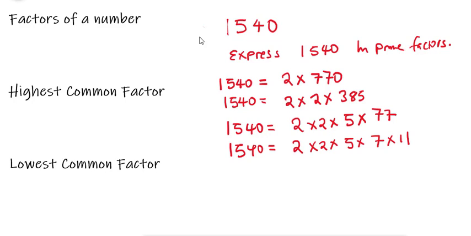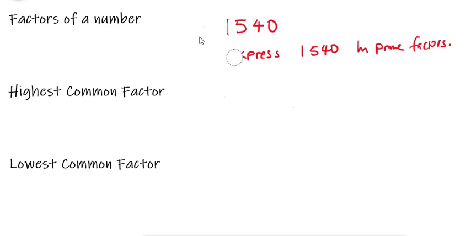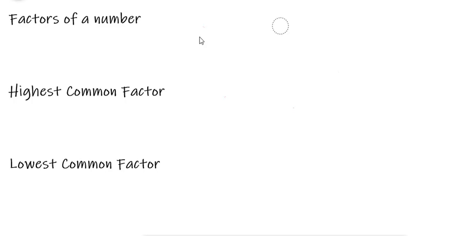Okay, so next up, these lessons are in a way very interconnected. Once we know how to find factors, we are then able to find the highest common factor. Remember, for highest common factor, there are two terms that have been introduced.